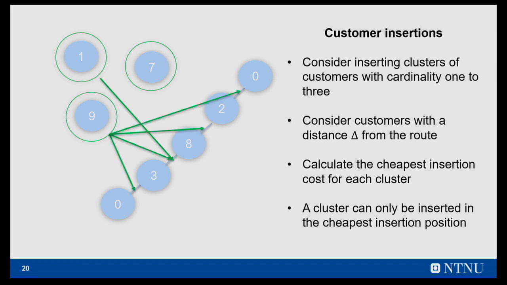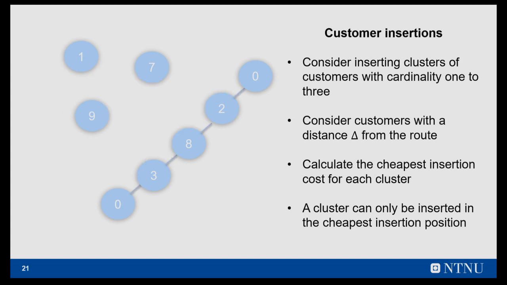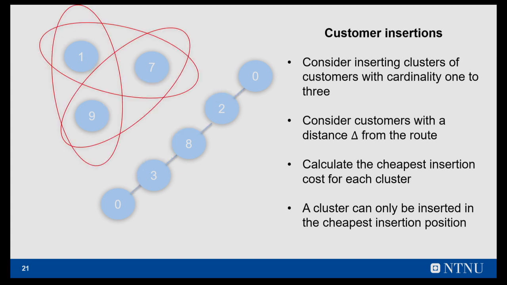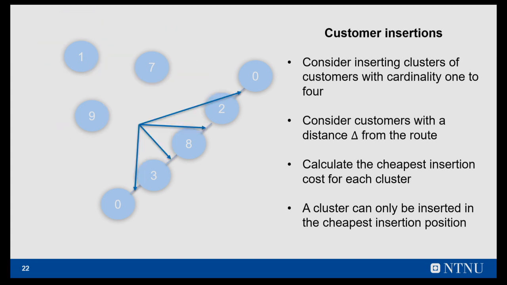So in this case, customer 9 can only, let's say this is the cheapest insertion, it can only be inserted here, to not make the model too intractable. It's a measure to try to keep it easy to solve. And we do that for all clusters. So also clusters of size 2, and the same for clusters of size 3.